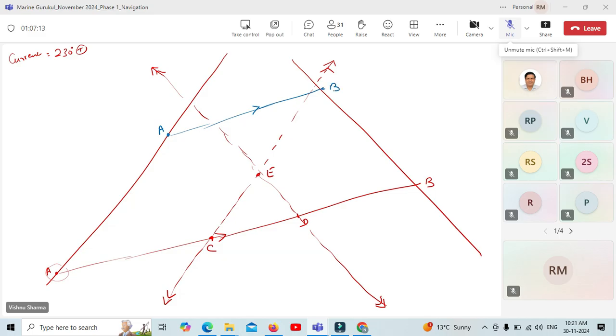Get B. From A, mark C. C will automatically come here. You don't have to rub the lines. From B, mark D. D will come here. And once you have done this work in blue, just take your eraser and you can rub out this part, this line, these points.